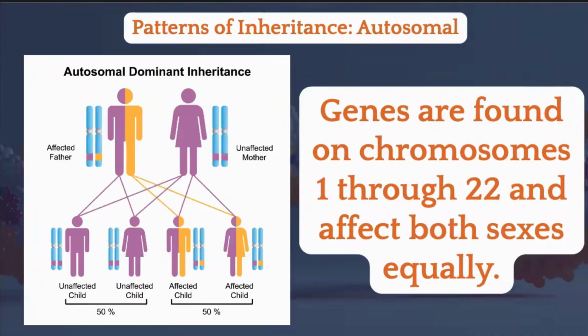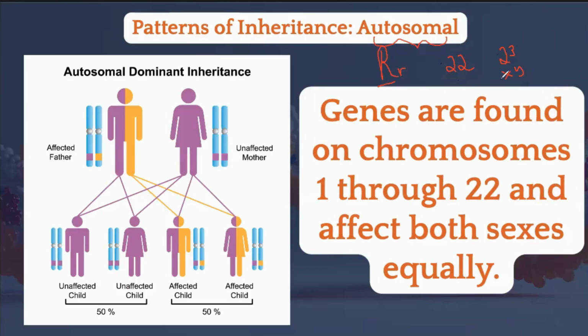Now, if we talk about patterns of inheritance, we notice that there is autosomal inheritance, which means that if I say big R, little r, let's say, for example, the big R is characterized as having a disease. So in this case, if we have autosomal dominant, this means that we are affecting 22 potential chromosomes, because remember, the 23rd is considered the XY chromosome, based off the sex chromosome.